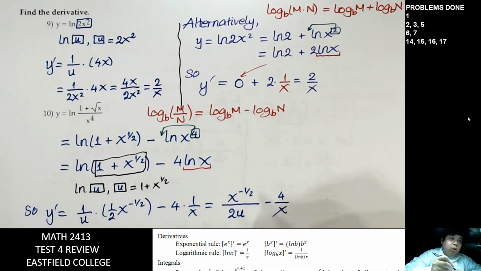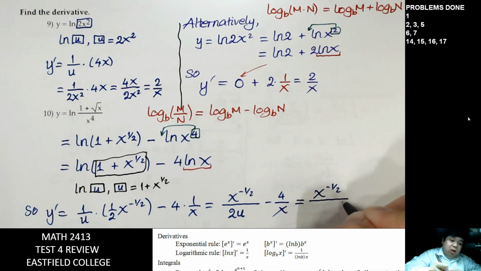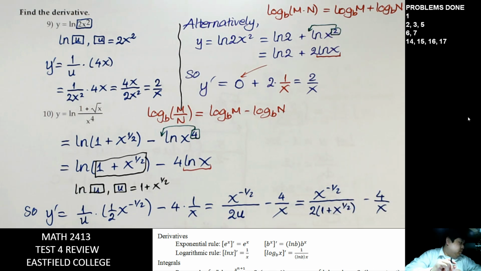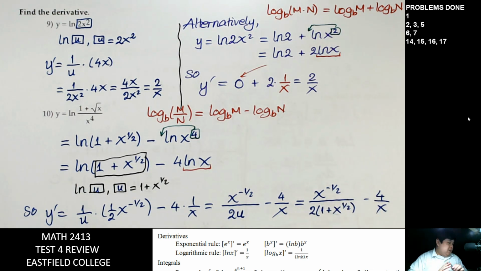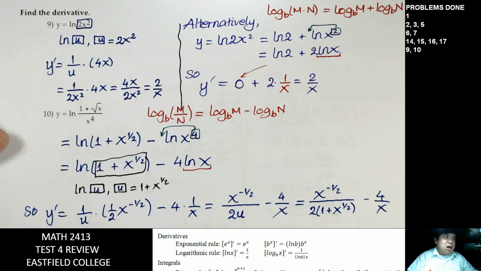Substitute back in for u, and I think that will be enough. Not much we can simplify from here. Just leave it like that. So that is the derivative of the natural log.